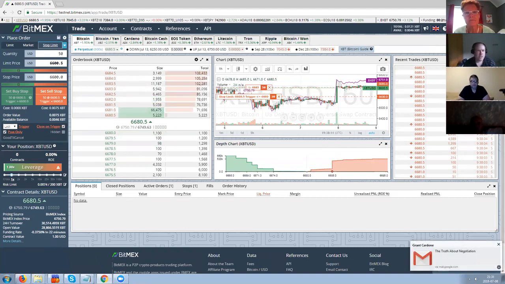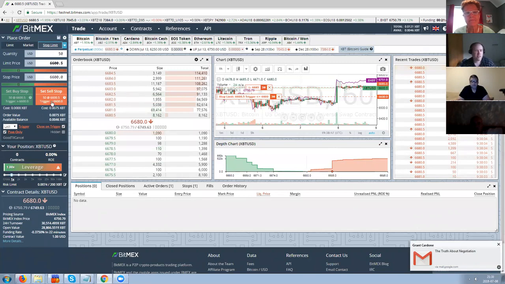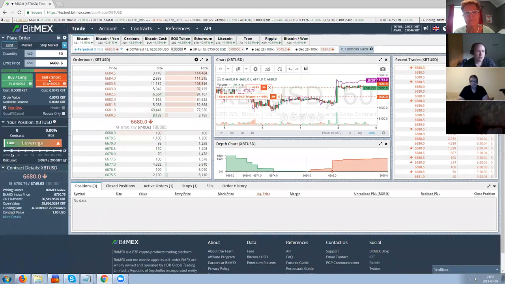The most advantage of Bitmex is that you can short. You can make a short position, thinking the price is going down on Bitcoin, then you will gain on a downturn as well. Oh, okay. That's something you can't do in Binance. And then also you can use leverage.